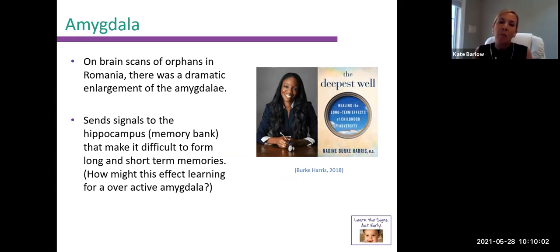In brain scans of orphans from Romania, there was a dramatic enlargement of the amygdala. And one thing I wanted to talk about was if the amygdala is constantly sending off this fight or flight for these children who are living in the state of toxic stress, we know that when the brain is in this fight or flight, it really shuts off the ability for the brain to make the long and short-term memories.